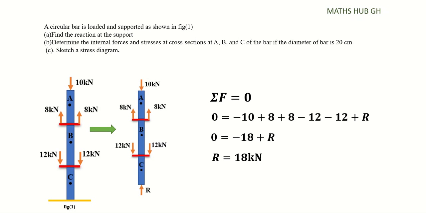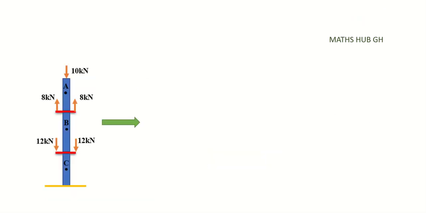From here, let's move on to the B part, which says that we should determine the internal forces and stresses at cross sections A, B, and C of the bar if the diameter of the bar is 20 centimeters. We will look at the cross section A first.